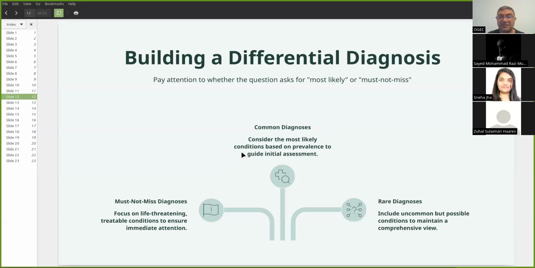Those conditions come based on prevalence, how prevalent they are. And when we come to the diagnosis, if the question is about the next step, then we can properly choose it. It can be an investigation, a treatment, or a procedure. But first we have to diagnose. You have to come up with the diagnosis, and then we can choose the correct answer.